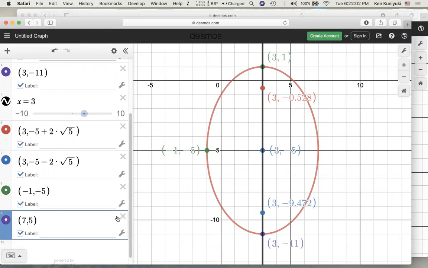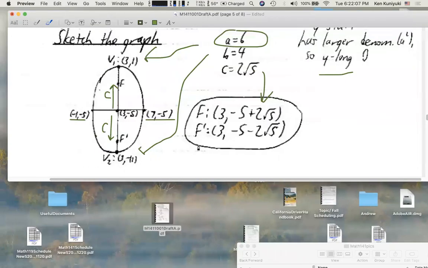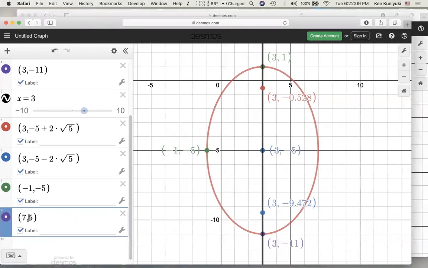To get those points, we share the y-coordinate this time. They're on the horizontal line y equals -5. The x-coordinate changes. From the center, 3, you add 4 to get the 7 here, subtract 4 to get the -1. 4 was B, the semi-minor axis. By the way, this A is called the semi-major axis. B is called the semi-minor axis.